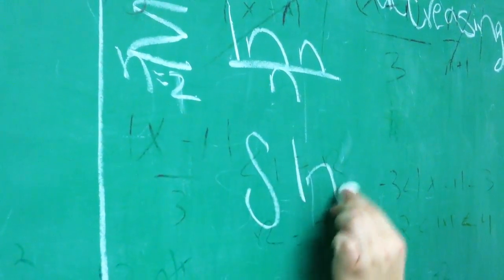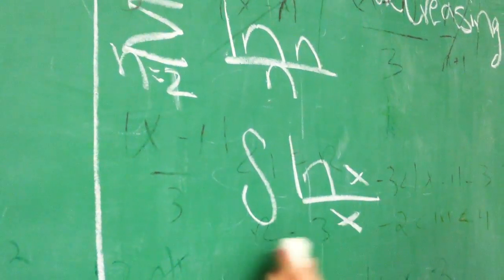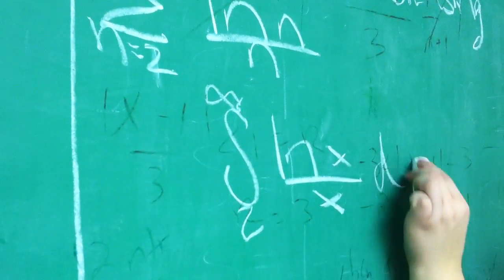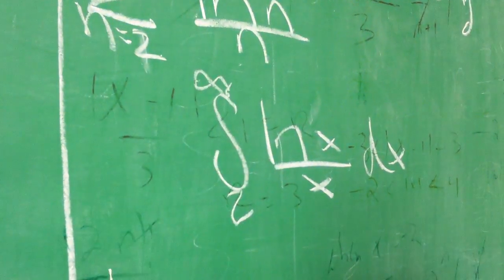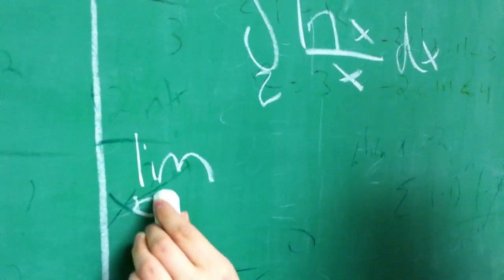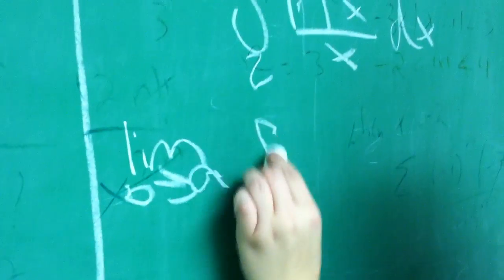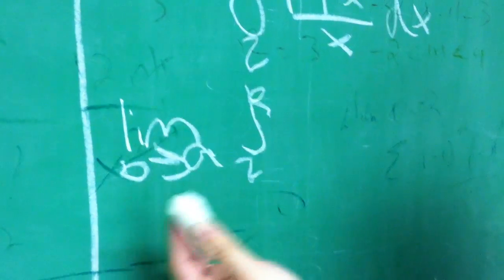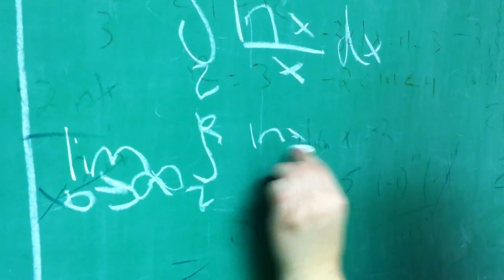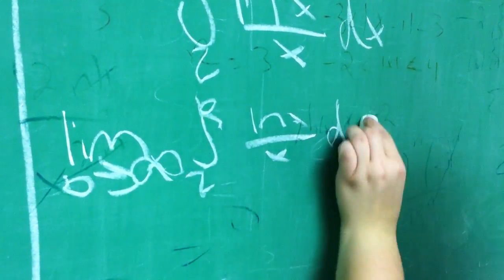We can go ln x over x from 2 to infinity dx. Again, we're going to have a limit. So we'll go 2 to b as b approaches infinity of ln x over x dx.